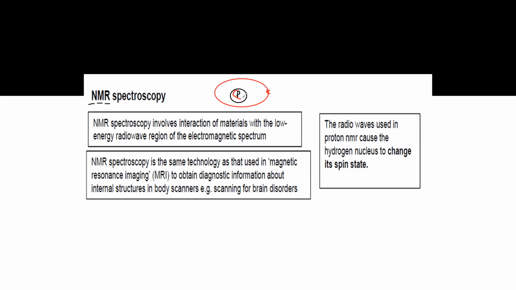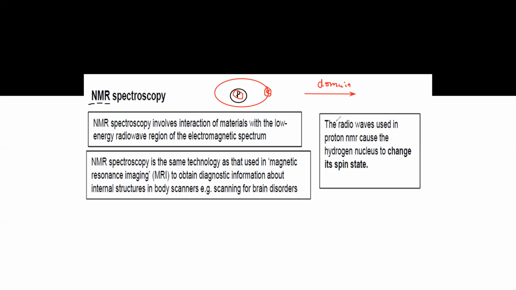Proton, a charged particle, is moving, and the electron, a charged particle, is also moving. Whenever a charged particle moves, it creates a magnetic field. So basically this hydrogen will behave like a magnet, which we also call a domain.